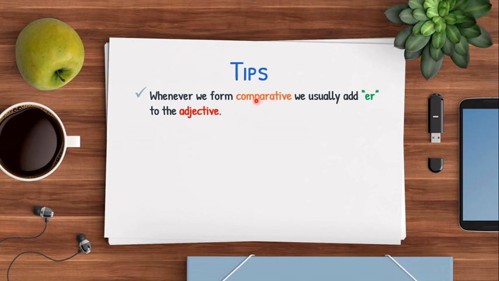So comparative will be in orange. The spelling might be in a different color, can be in green. Just pay attention and remember the adjective you're going to use. For the adjective you're going to use the red color.